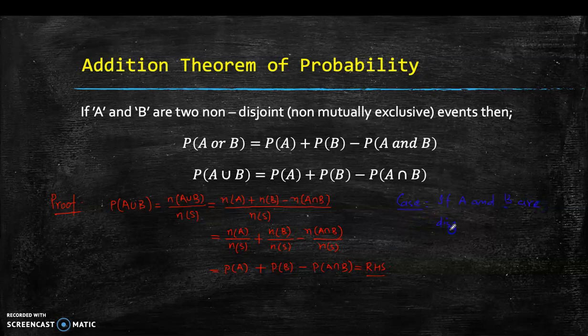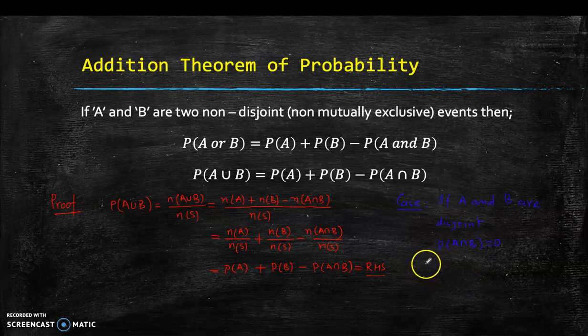If A and B are disjoint, then I know that the probability of happening of A and B is equal to 0. That I discussed in my last lecture.